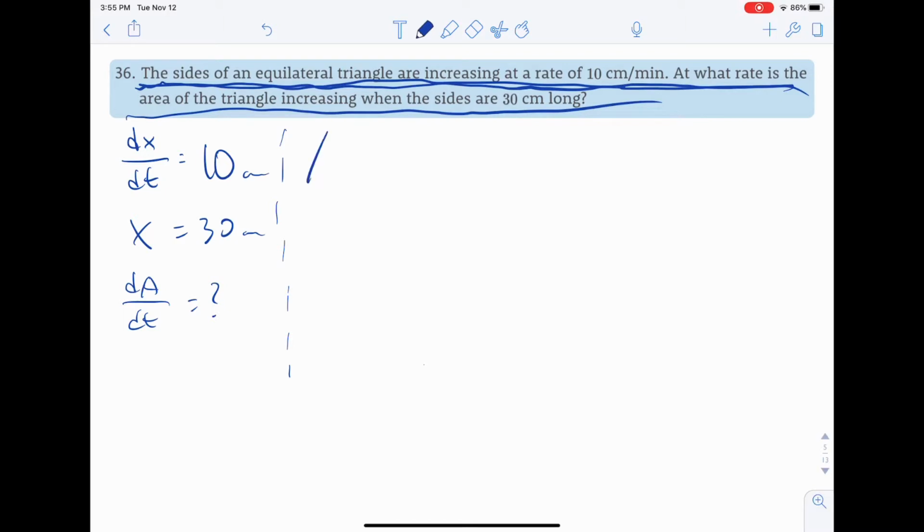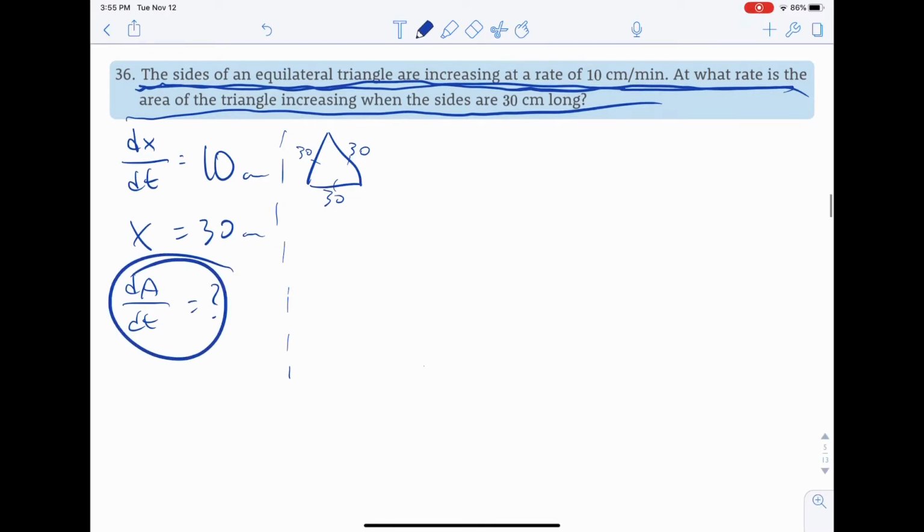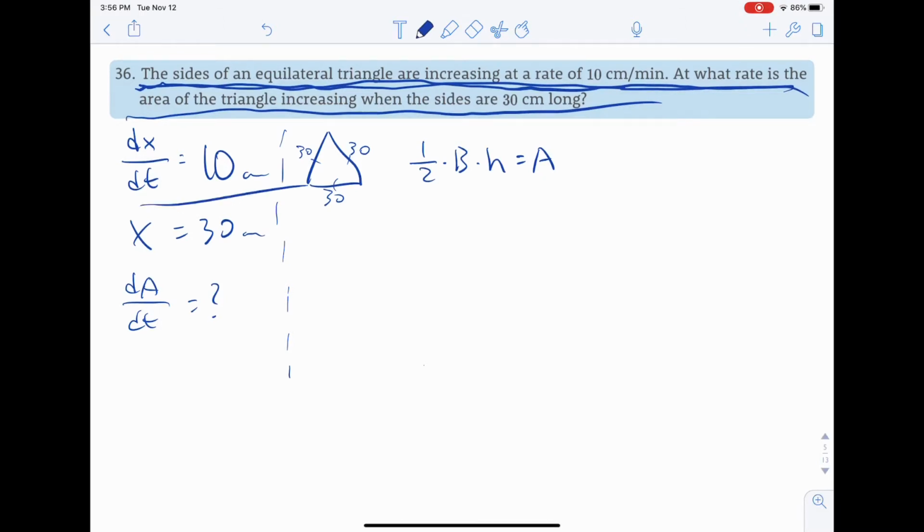So first, let's draw a picture of what it should look like. 30, 30, 30. And let's use the formula. To find the derivative of area, we need area, so let's use the formula half times base times height. What do we not have here?